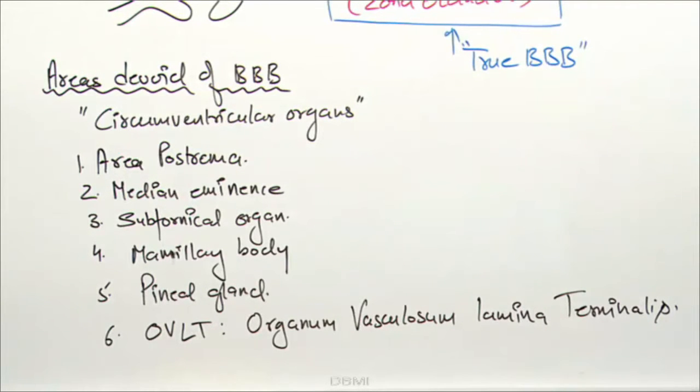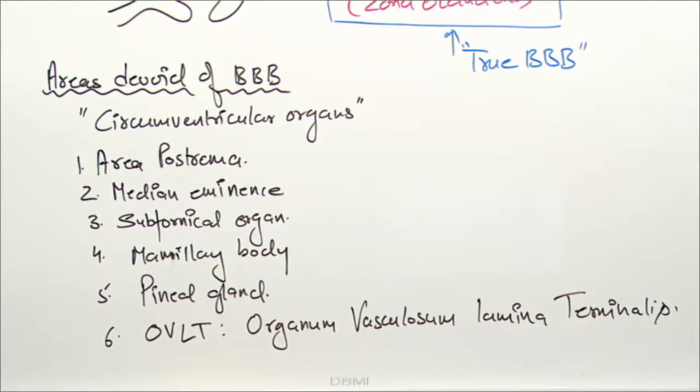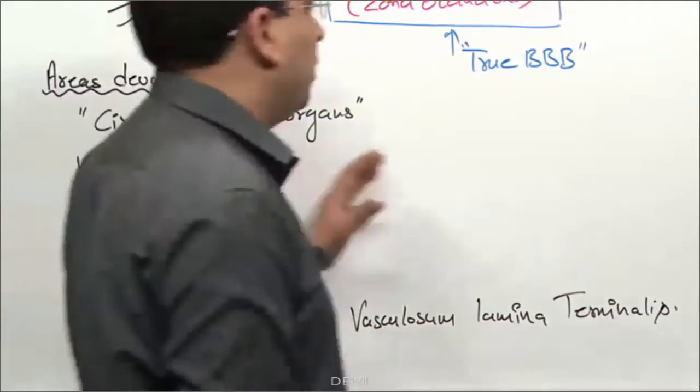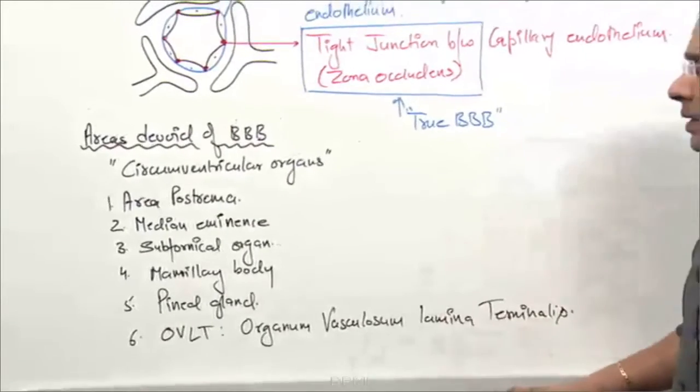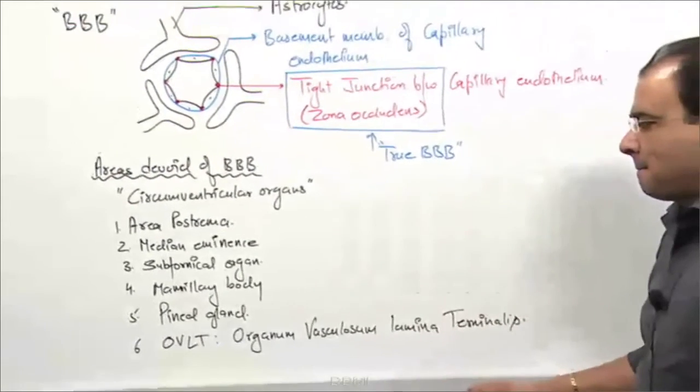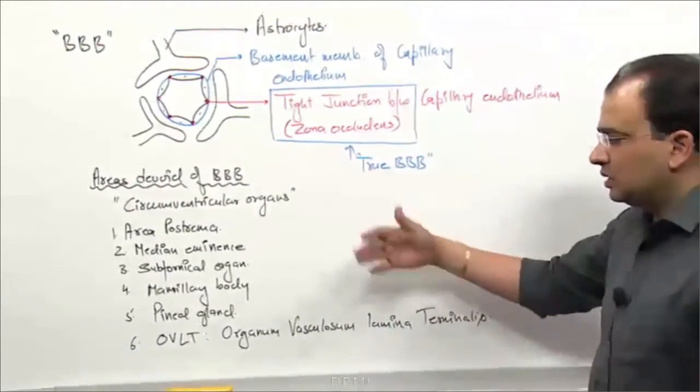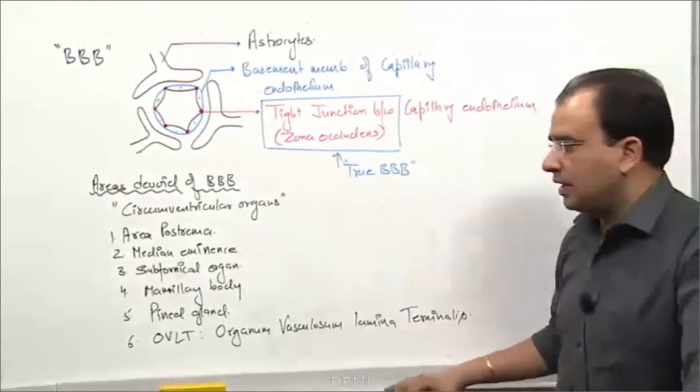Area postrema, median eminence, subfornical organ, mammillary body, pineal gland, and organum vasculosum lamina terminalis. Now these are certain areas which are devoid of the blood-brain barrier, not the only ones, and we'll keep coming across these structures as we go deep into the neuroanatomy.